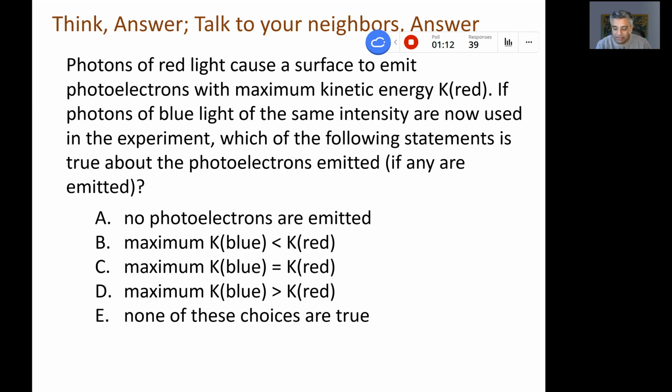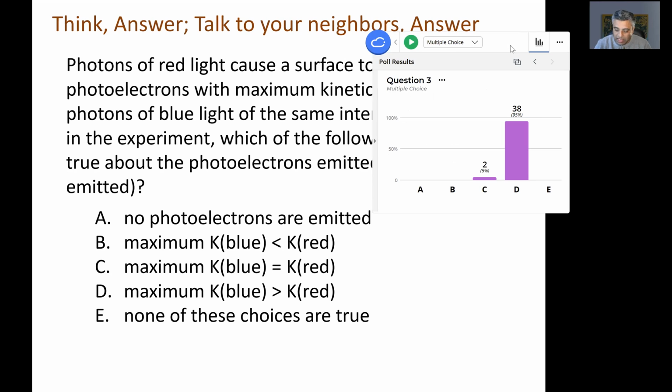Twenty more seconds. And 5 more seconds. 5, 4, 3, 2, 1, and it stops.